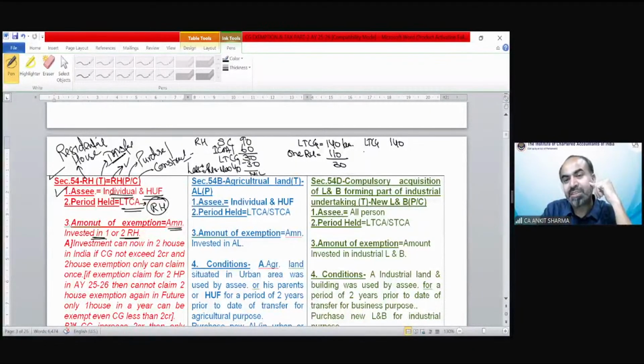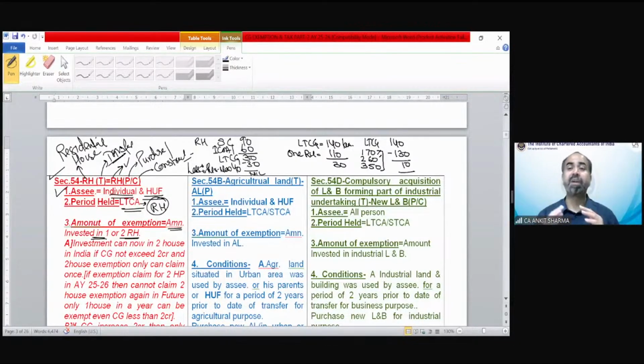You purchased 3 houses. One is for 70 lakh, other is for 60 lakh, and third one is for 50 lakh. So now you can take any two of these houses for exemption. And which houses you will take? The higher value houses. So now the exemption would be 130 lakh. Remaining 10 lakh only would be your capital gain.